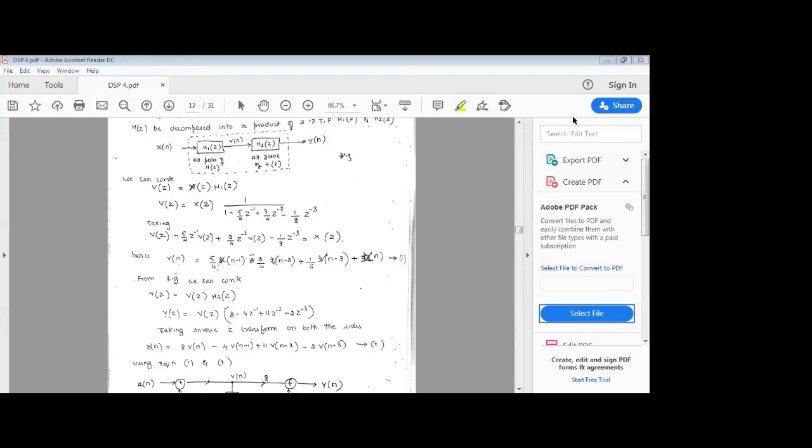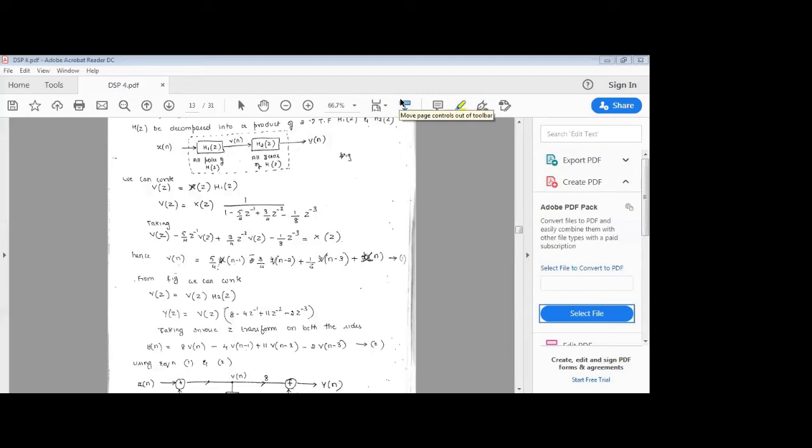I can represent both the H1 of z and H2 of z in the form of transfer functions. So for my H1 of z, output is v of n and input is x of n. For H2 of z, output is y of n and input is v of n. So if I write my transfer function H1 of z, it can be written as what?